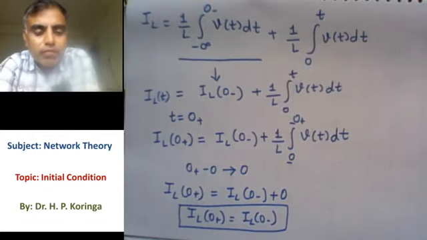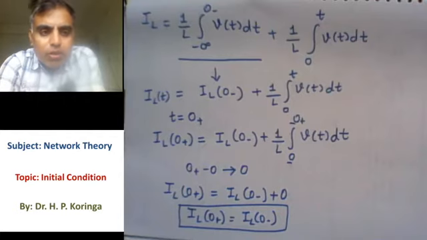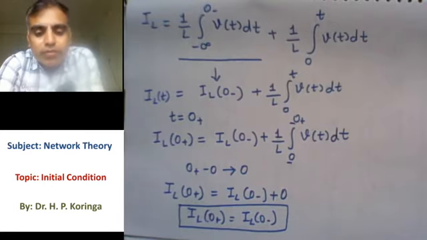It says the current cannot change instantly in an inductor. Whatever the current in an inductor before the switching, at the last moment, it will be the same current after the switching, at the first moment. The inductor does not allow an instant change in current.